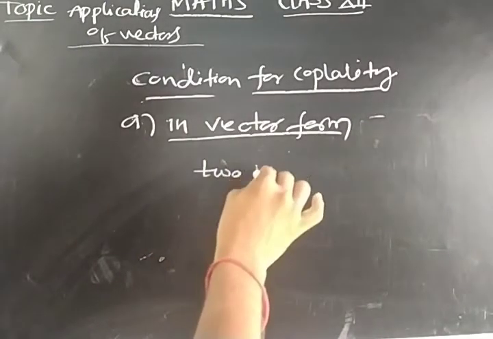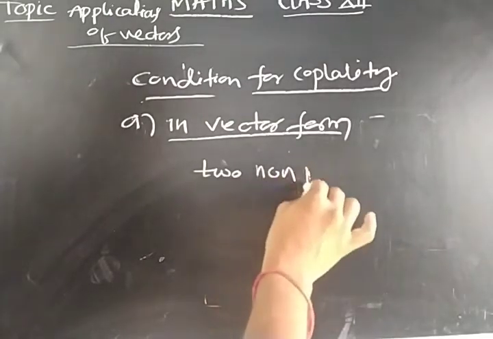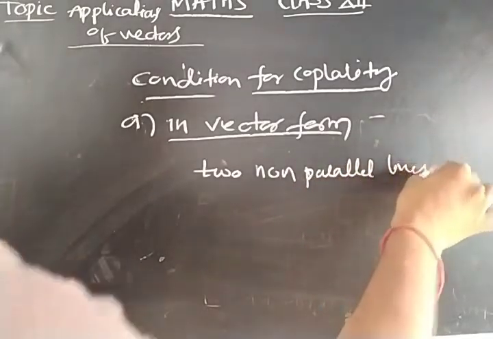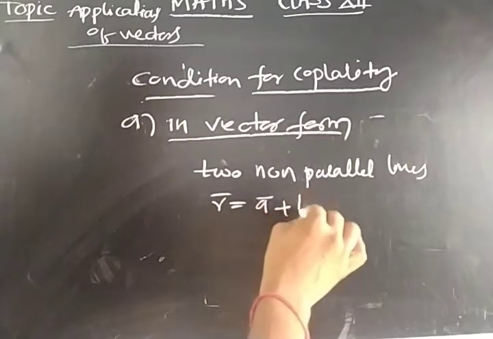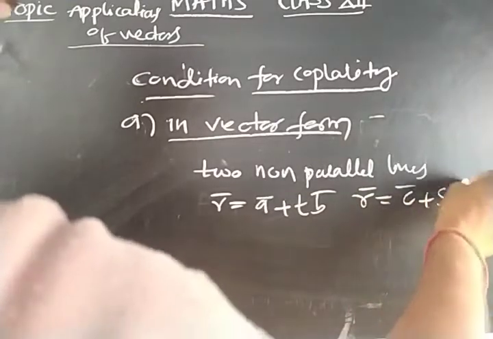Take two non-parallel lines, r bar equal to a bar plus t into b bar, and r bar equal to c bar plus s into d bar.